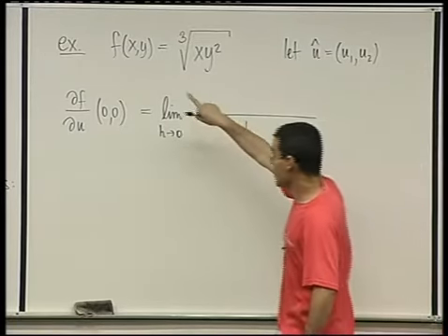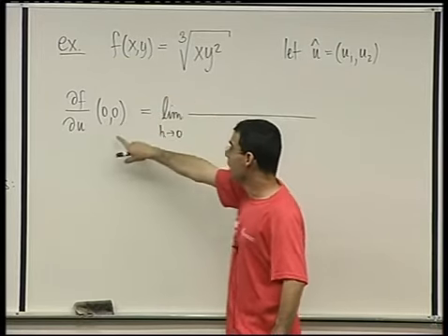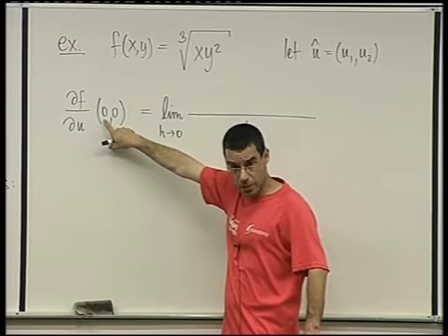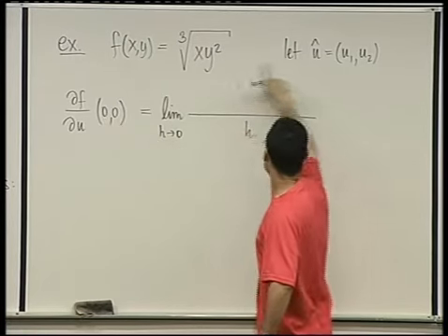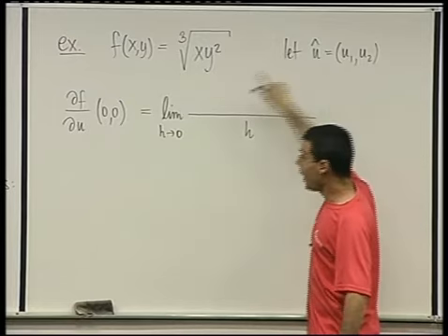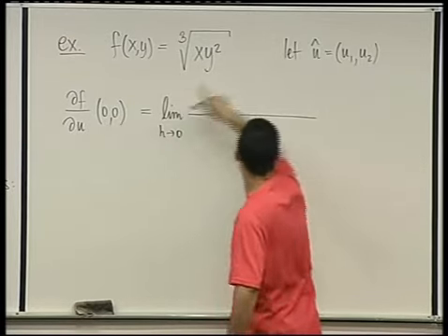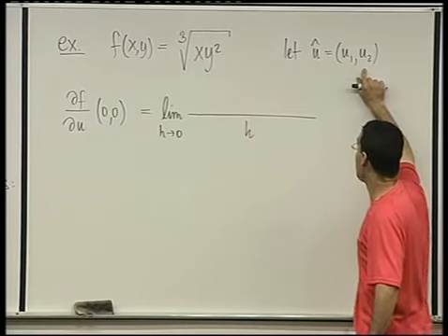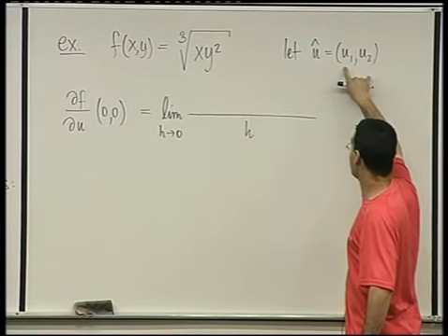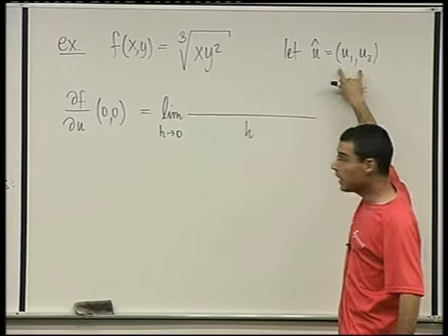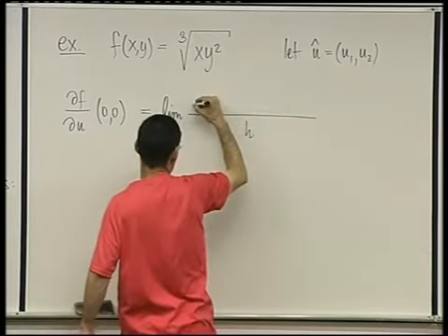So I need the function evaluated at x0, which is 0, plus u1 times h, and at y0, which is 0, plus u2 times h. So I need to evaluate the function at (x, y), where x is u1h and y is u2h. Do you agree?